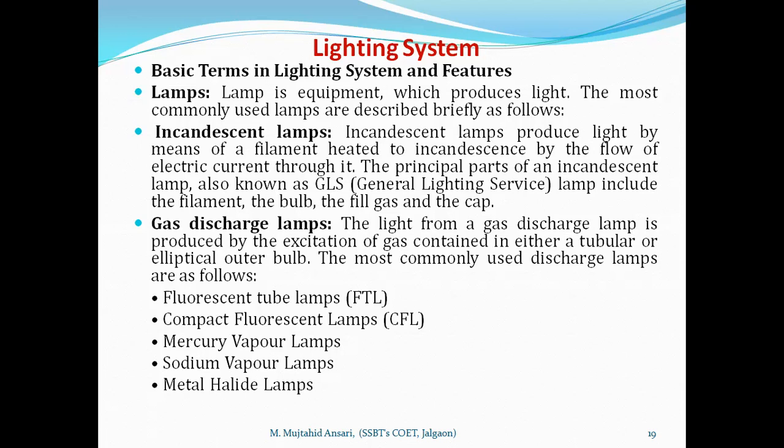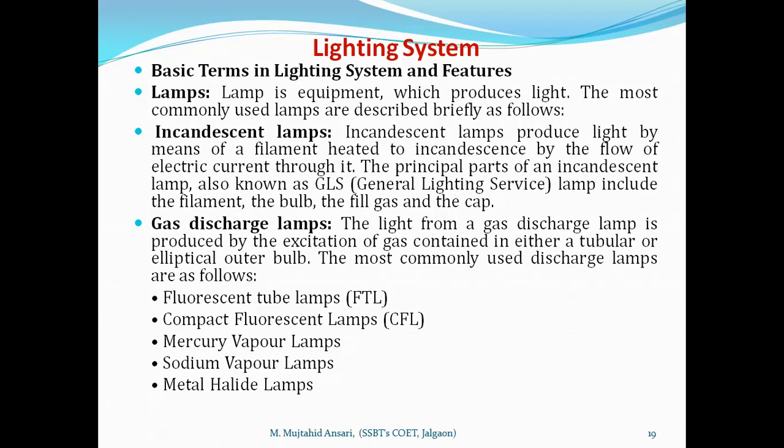So it also comes under the high pressure discharge lamp. Whereas the fluorescent lamp and compact fluorescent lamps come under the low pressure discharge lamps, and mercury vapor lamp, sodium vapor lamp, and metal halide lamp come under the high pressure discharge lamp. These have a higher capacity, such as 250 watt, 400 watt, 500 watts, and they are especially used for outdoor purposes.